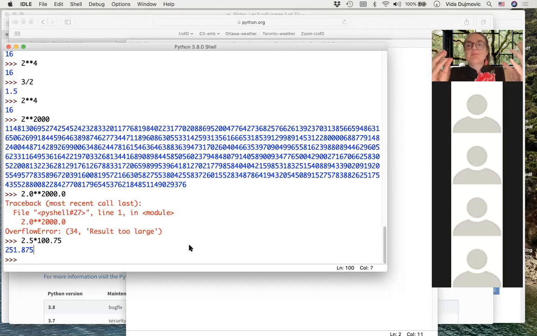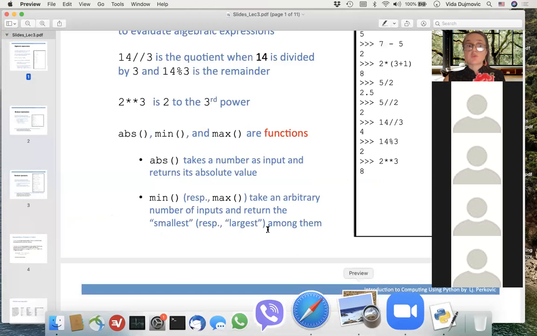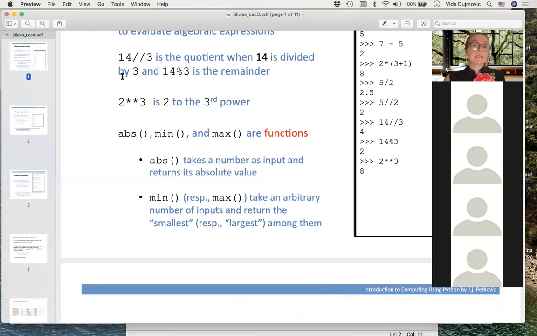The data type float is an approximation of a real number. So real numbers are represented in a limited amount of space, which brings me to a couple of slides that I would like to show you. So let's see what we have seen so far.